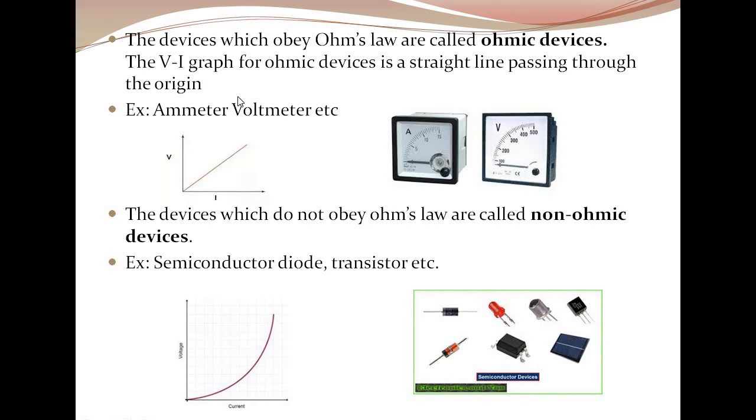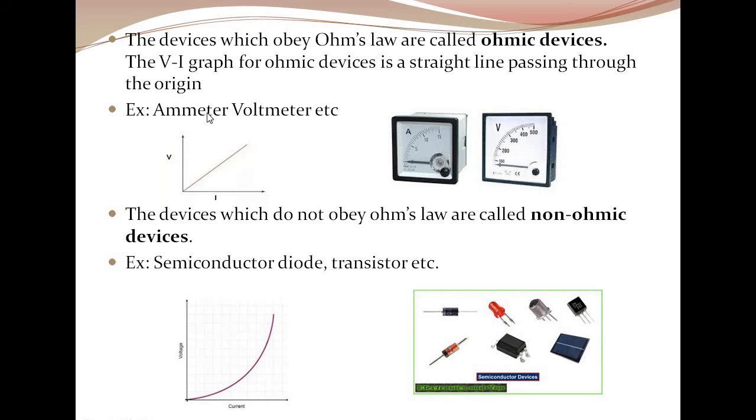We can study the IV characteristics of these devices. When we plot the graph of current versus voltage and study the characteristics of voltage and current, if we get a linear line, that means a straight line, that indicates the device obeys Ohm's law.